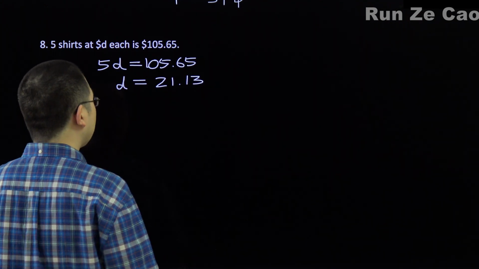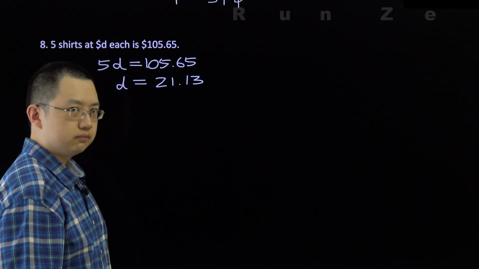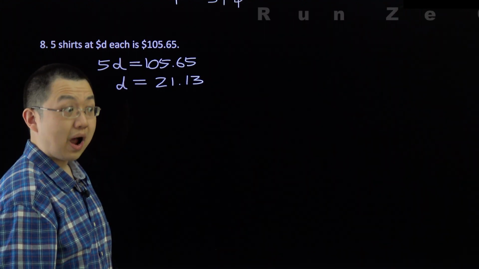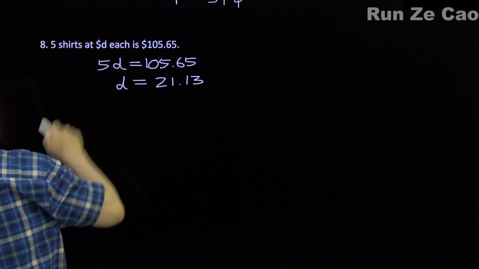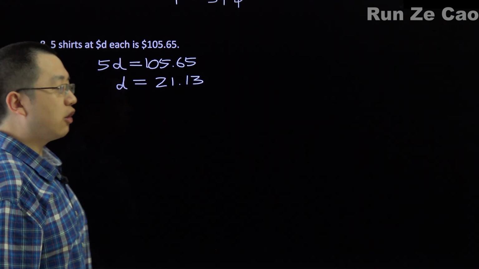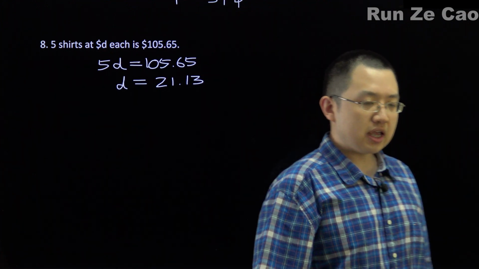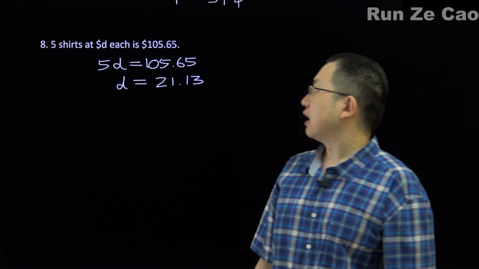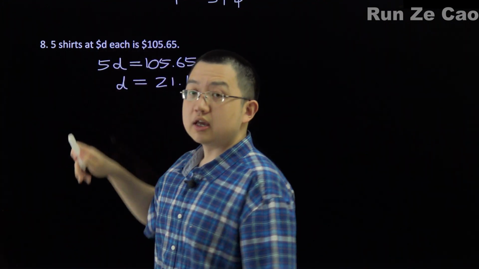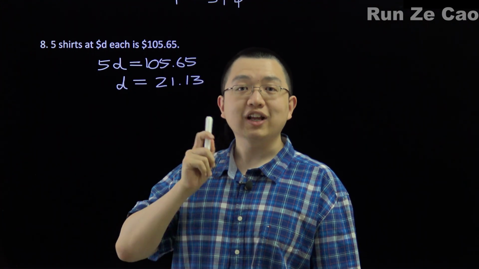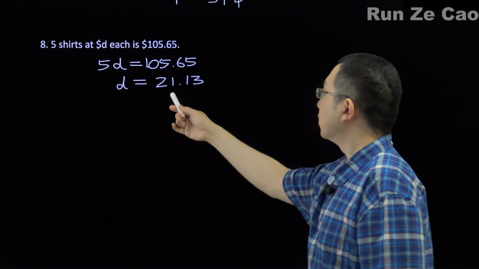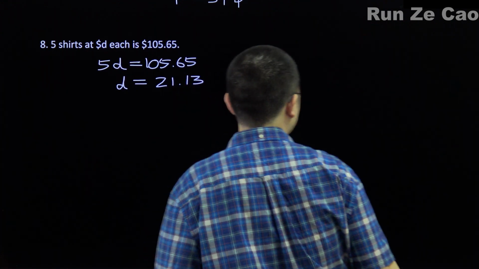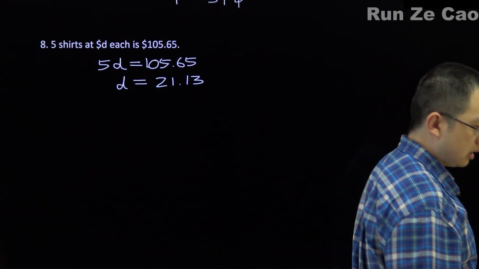Do we put a dollar symbol here? No. Why? Because here it said D dollars. The unit has already been given in the problem, and the variable is only the numeric value. Therefore, here we only have a number without the unit.